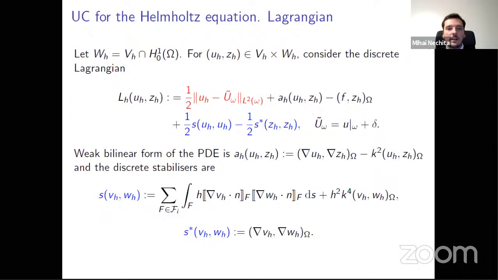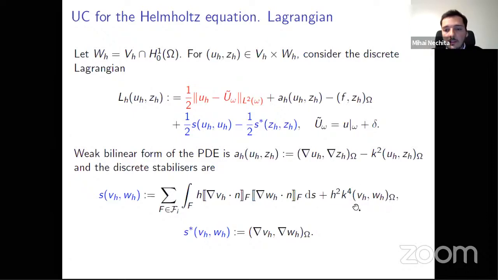And now let me start with how the stabilizers could look, or what one option for the stabilizers could be for the Helmholtz equation. Here we considered the data fitting term, just measuring the error in the L2 norm. Then we have the PDE constraint, and then we have the stabilizer S, which acts on the primal variable u, which just penalizes the jumps of the normal gradient on the interior faces.